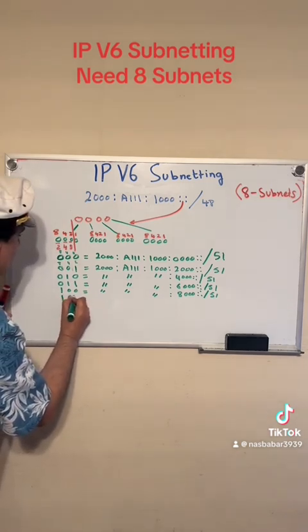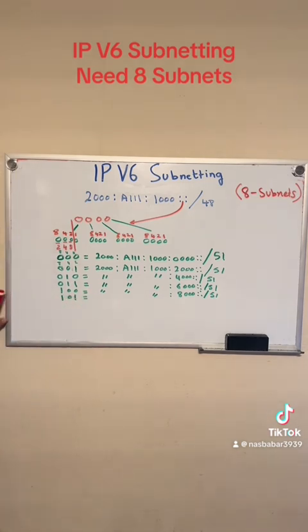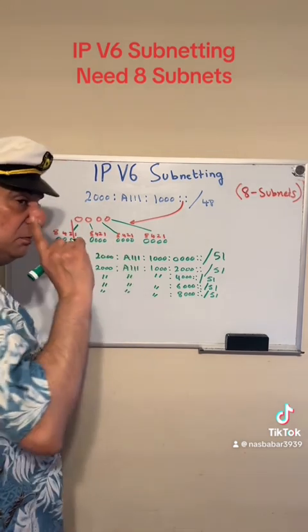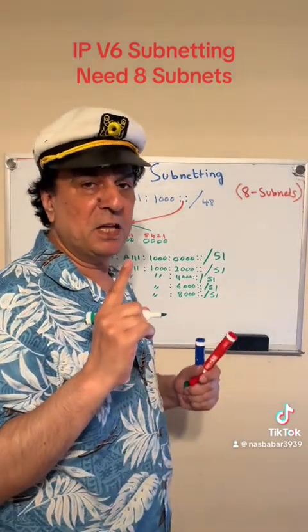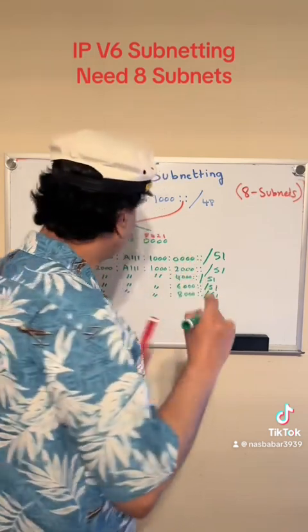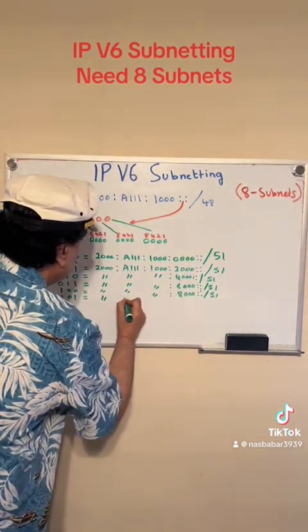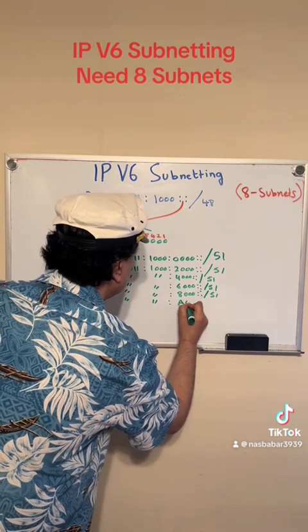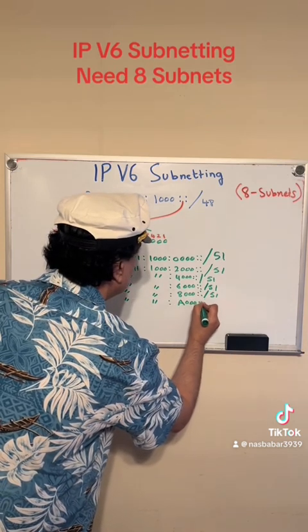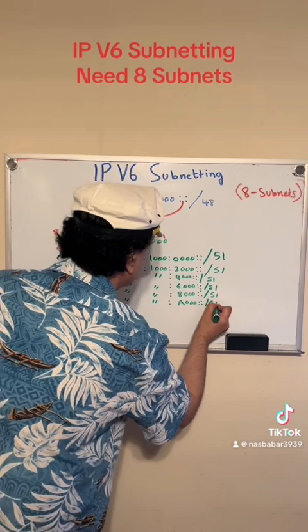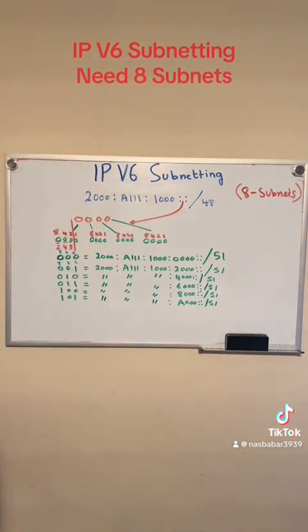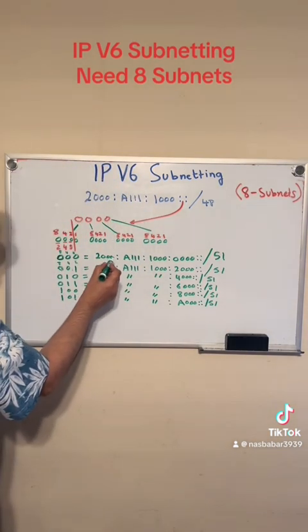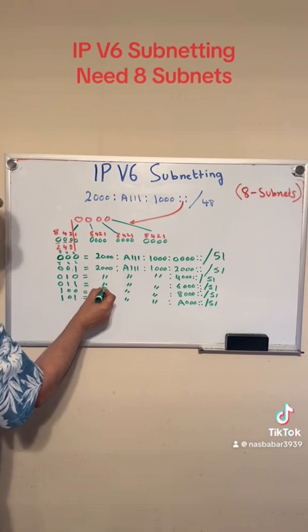1, 0, 1, which is 10, right? Now, remember that we're dealing with IPv6, so we're dealing with hexadecimal numbers. So this is going to become A000/51. Okay, let's keep going because we don't have 8 subnets yet. 1, 2, 3, 4, 5, 6.